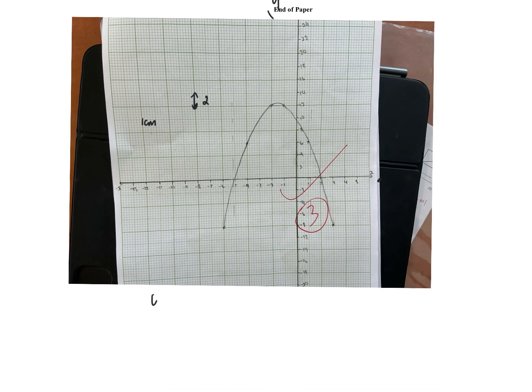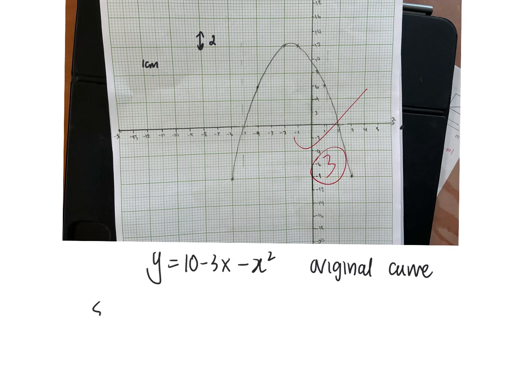So this is my original equation, and this is my original curve, the one I've drawn on my diagram. Now they say, can you solve this? They want me to solve this by using my curve and drawing an additional line.